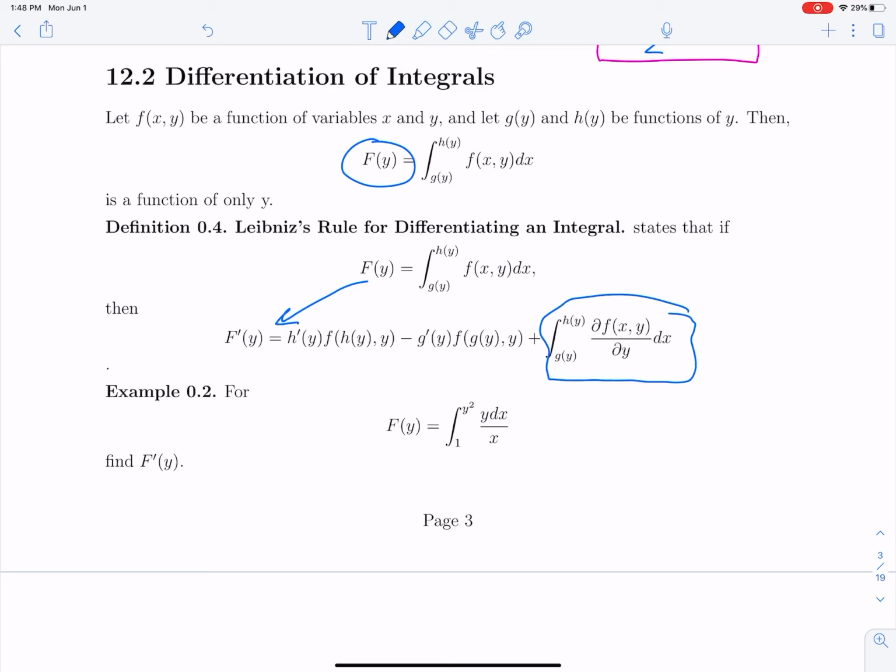Because before, I can't evaluate this integral properly, so we actually have to use this rule. It'll make a lot more sense when I show you an example.